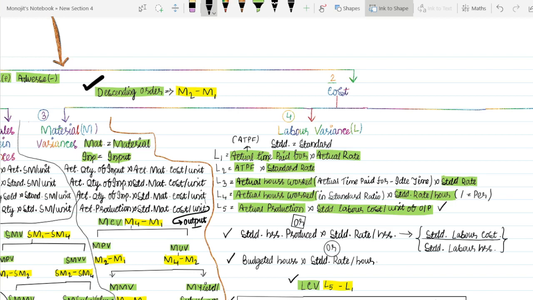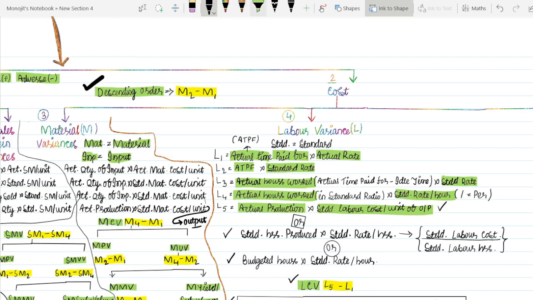So material variances: M1 is actual quantity of input into actual material cost per unit. M2 is actual quantity of input into standard material cost per unit.